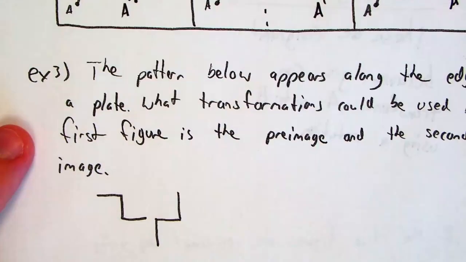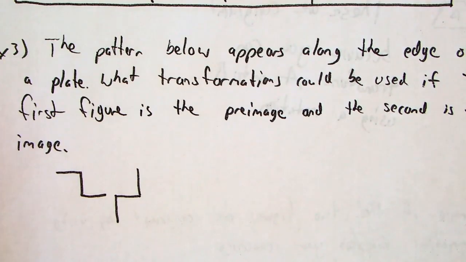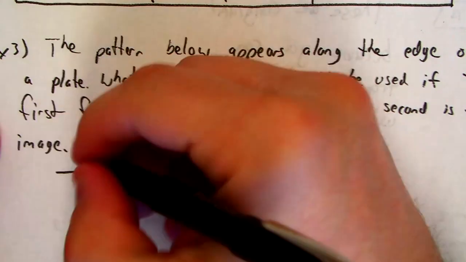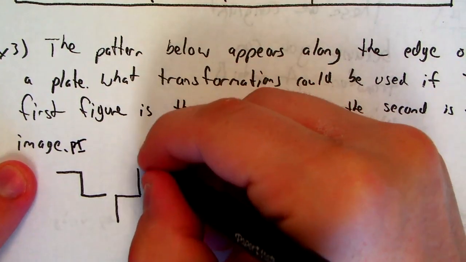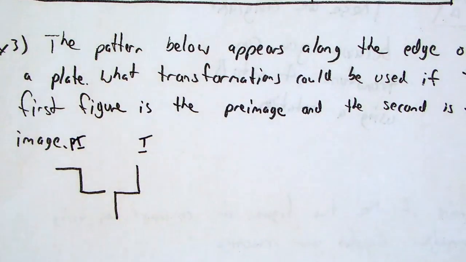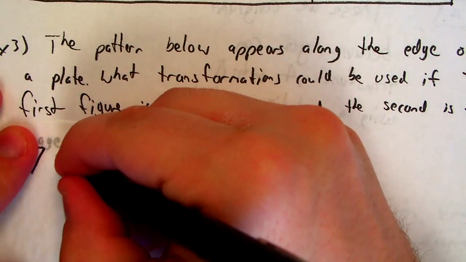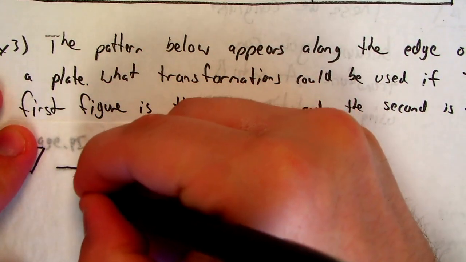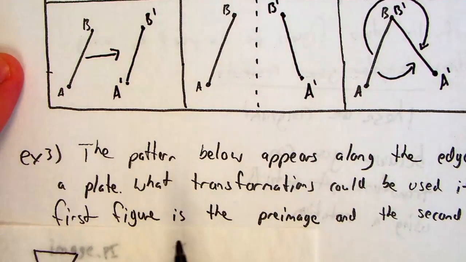So example 3, it says the pattern below appears along the edge of a plate. What transformations could be used if the first figure is the pre-image, which means this is the pre-image, and the second is the image, which means this one is the image? Well, let's use our tracing paper to draw it. The different ways that we could do this is by doing a translation, which literally means just moving the paper around.